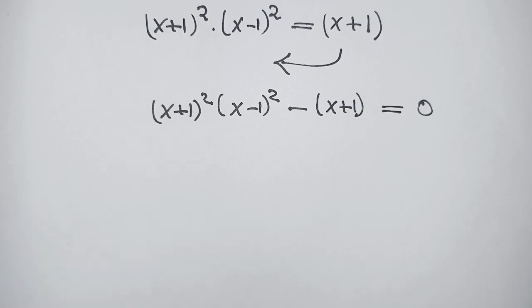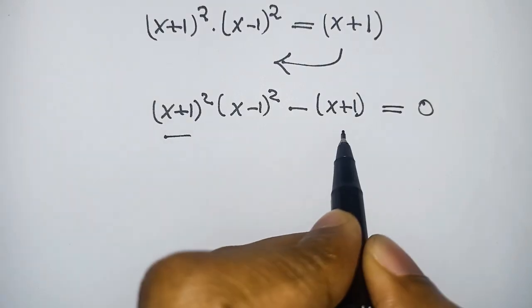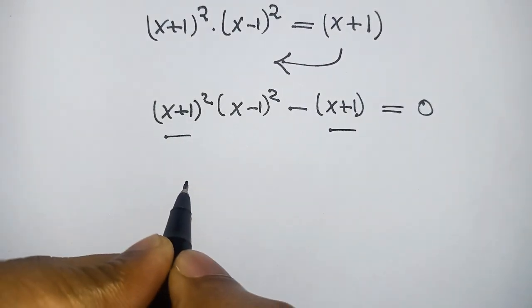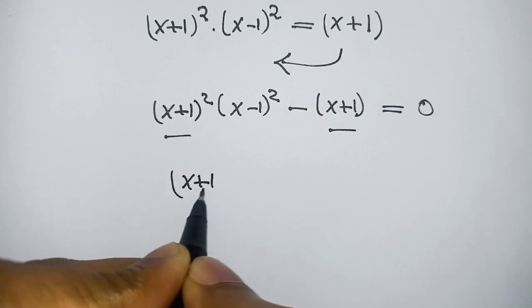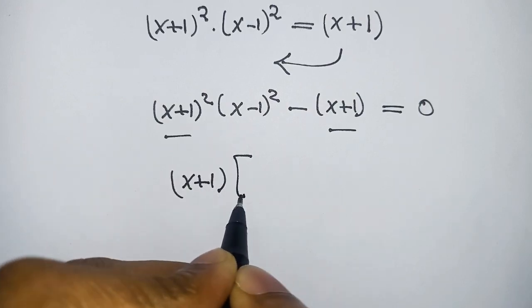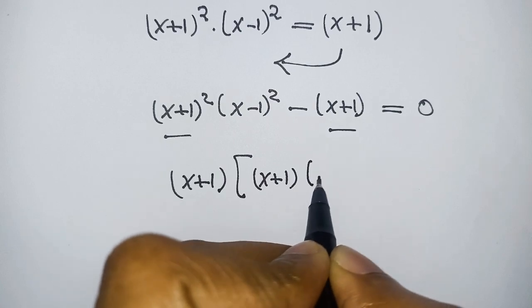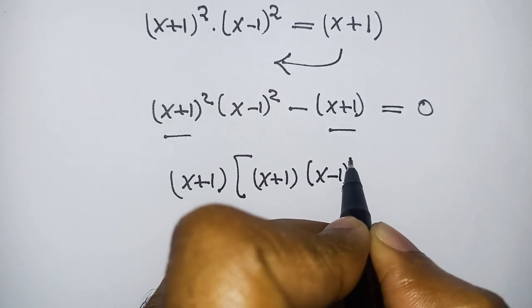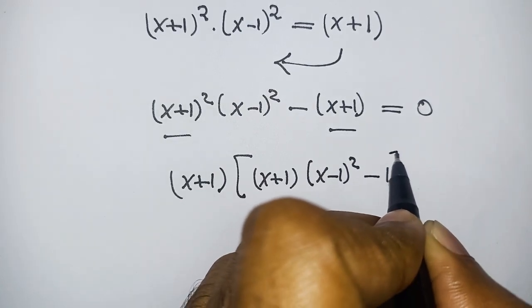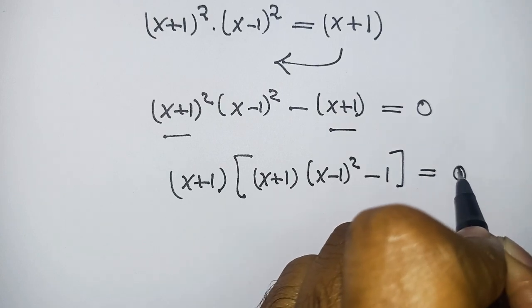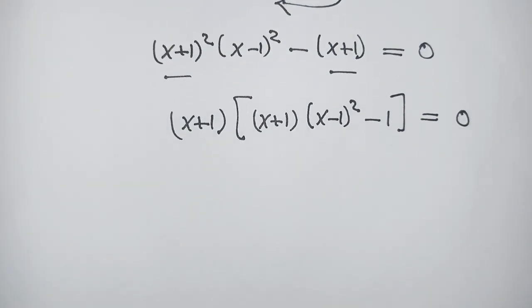Correct? And now we can take x plus 1 as a common term. So we will have x plus 1 as a common term, and the rest of the term will be (x plus 1)(x minus 1) square minus 1 is equal to 0. Correct?